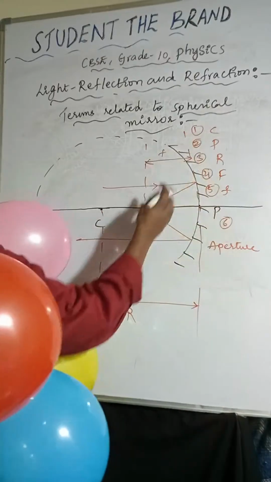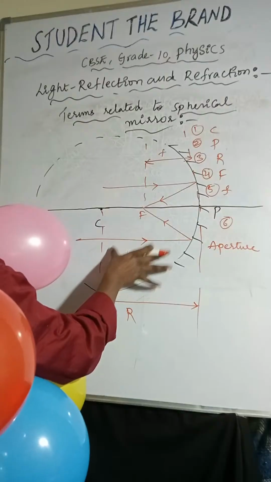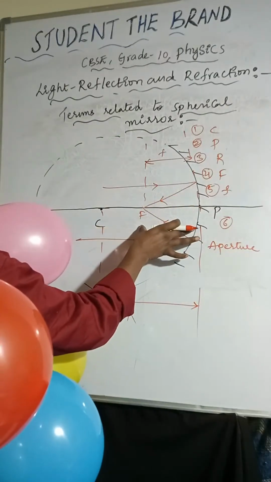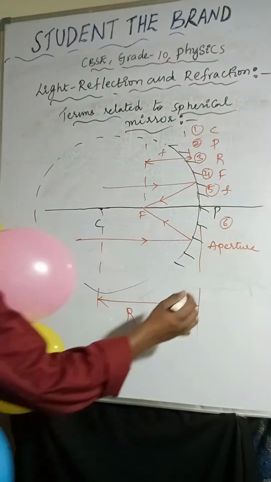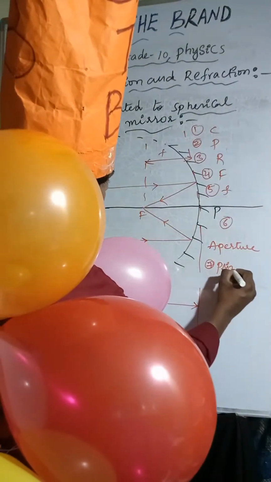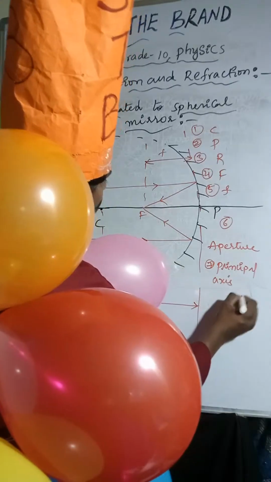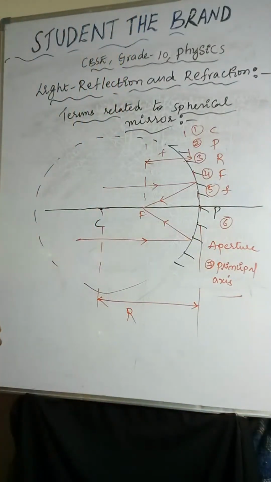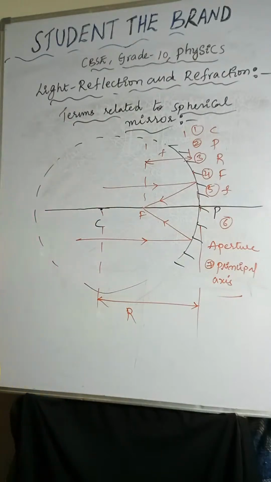So we have center of curvature, pole, radius of curvature, focal length, focus, aperture, and the principal axis, the seventh one. I hope it is very clear. These are the terms related to spherical mirror.